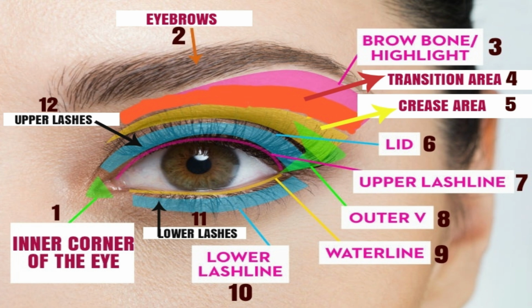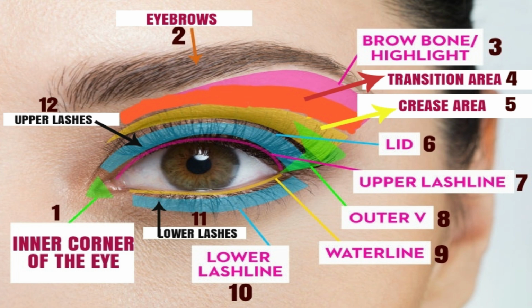Number 4, you have the transition area, that orange area. The transition area is the area immediately beneath the brow bone highlight, and you apply a light color in the transition area just to begin to build up the eyeshadow application in the crease area of the eye, so that there is a seamless blend and there are no harsh lines between eyeshadow applications.